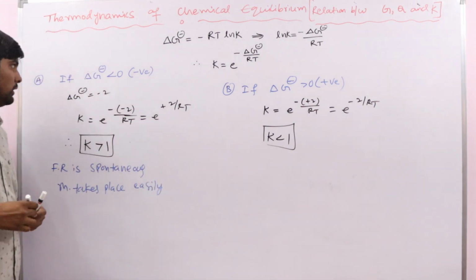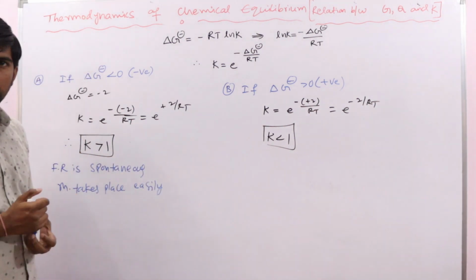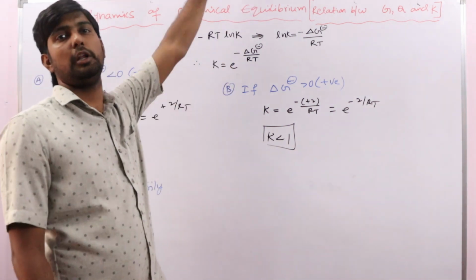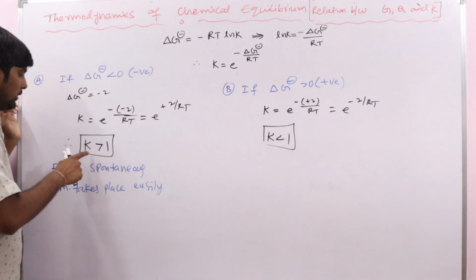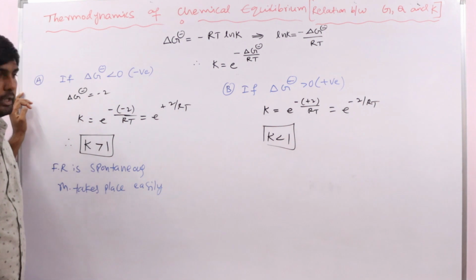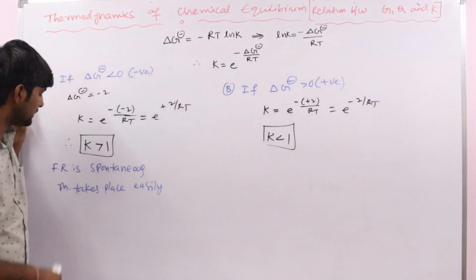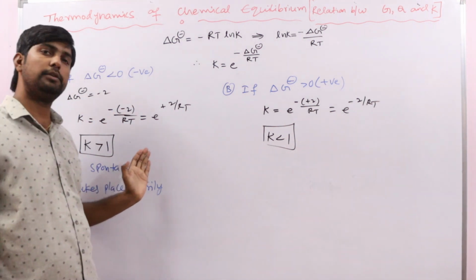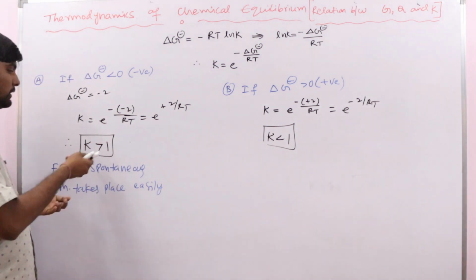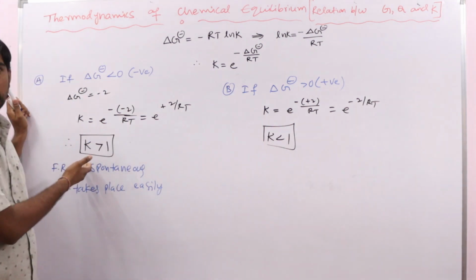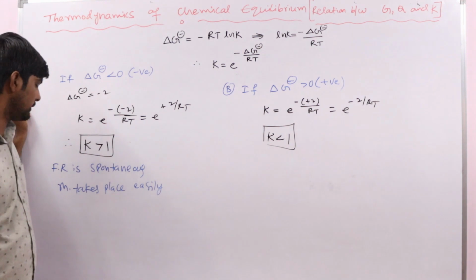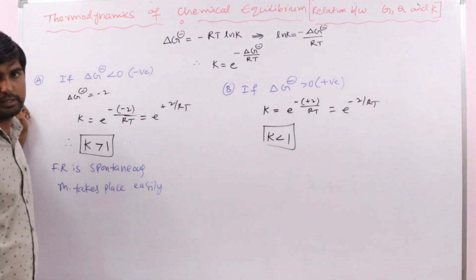With respect to delta G also, we can explain this as we discussed in thermodynamics. According to our chemical equilibrium concepts, when K is greater than 1, the forward reaction is spontaneous, which means products are forming to some extent, yes or no? K greater than 1 means the reaction takes place easily.